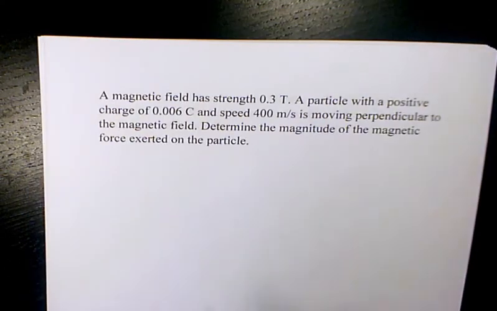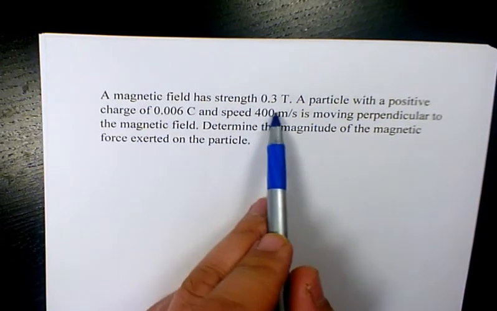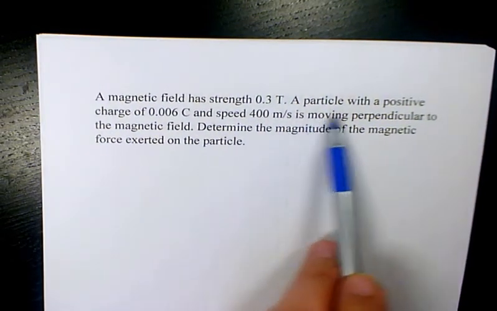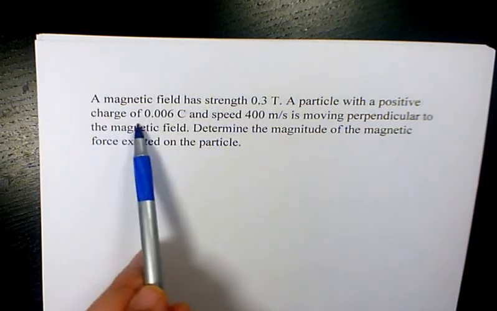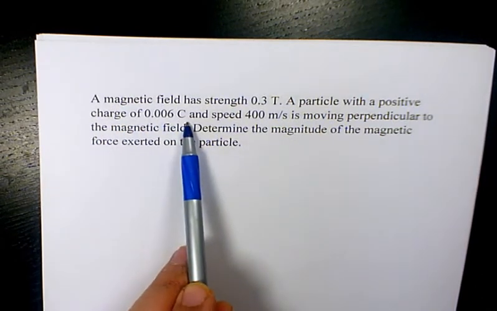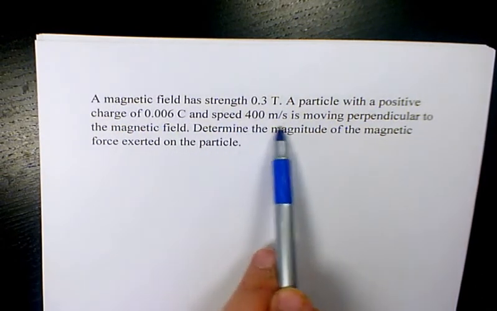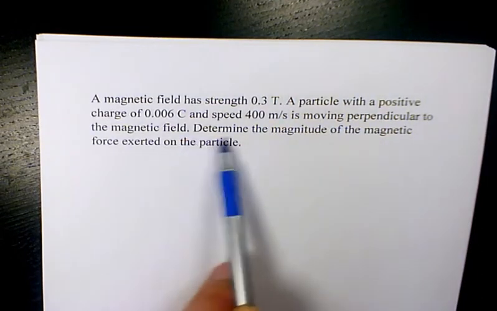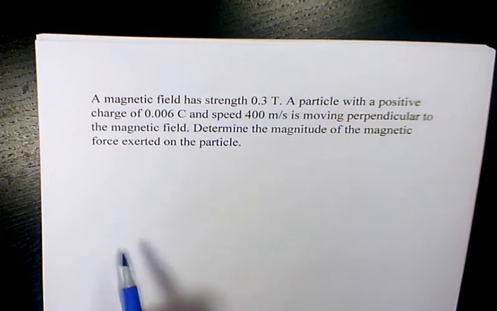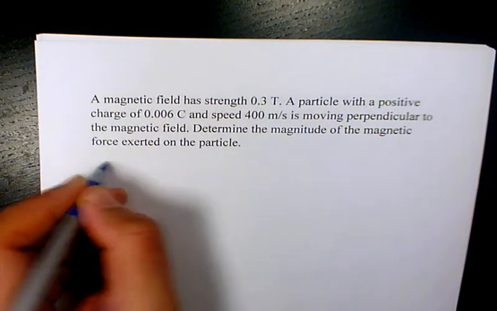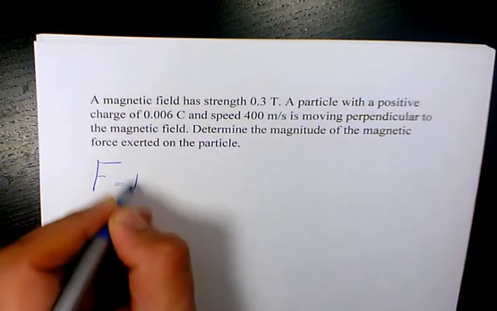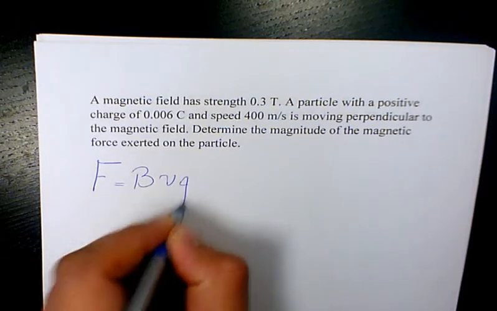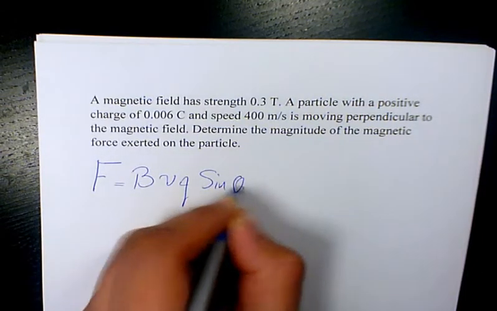Next one, a magnetic field has a strength of 0.3 Tesla. A particle with a positive charge of 0.006 coulomb and speed 400 meters per second is moving perpendicular to the magnetic field. Determine the magnitude of the magnetic force exerted on the particle. So we can say F equals B V Q sine theta.